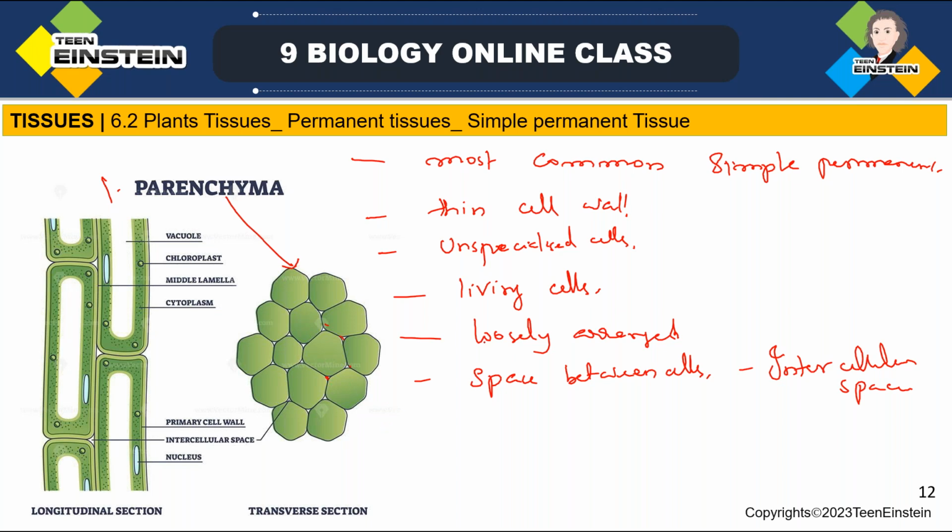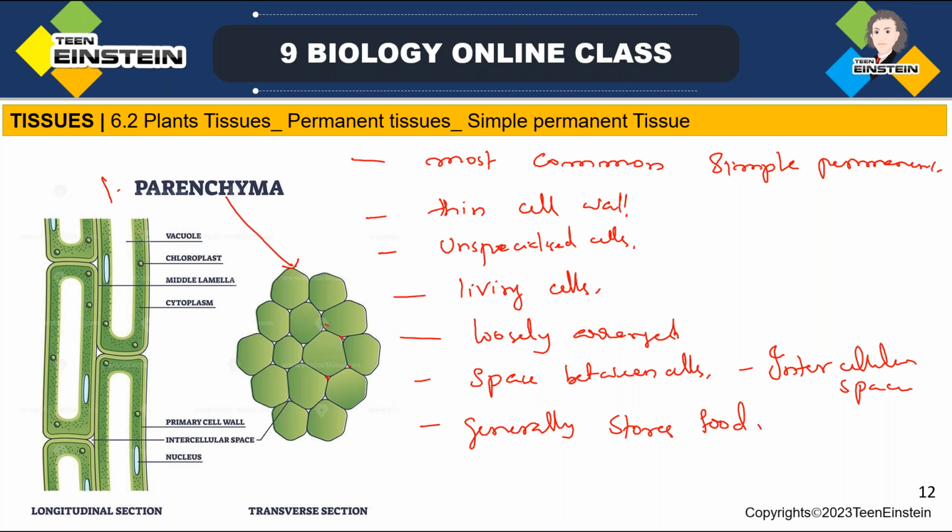And this generally stores food. Which one? Parenchyma cells. So parenchyma cells are the most common simple permanent tissues.